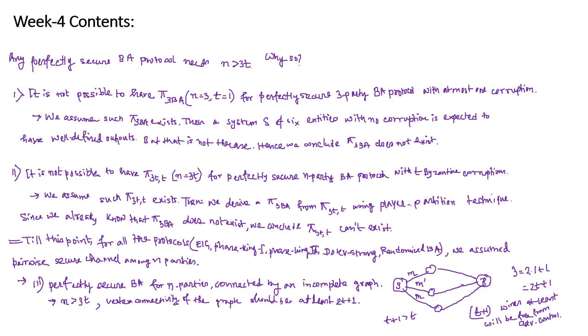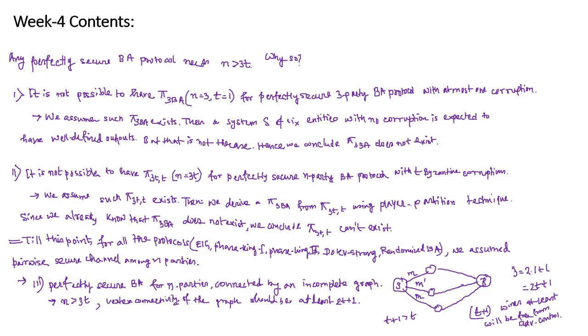Whenever there is a need for communication from party Pi to party Pj, if an edge exists between Pi and Pj, you send the message through that channel only. And if there is no direct edge from Pi to Pj, then all the connecting paths between Pi and Pj will forward the value through all these channels, and the majority of the values will be taken into account at the receiver.